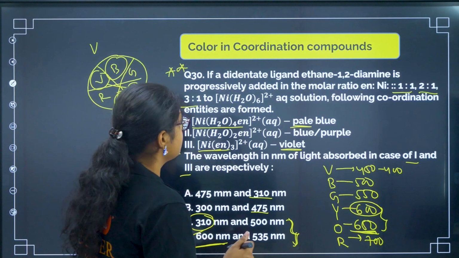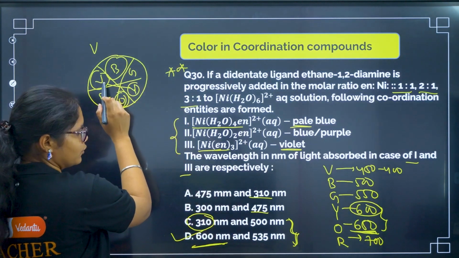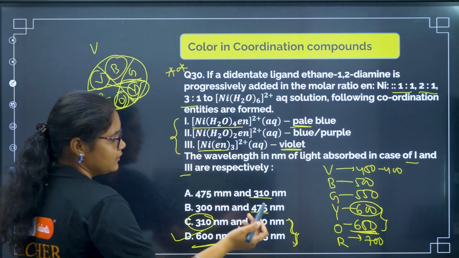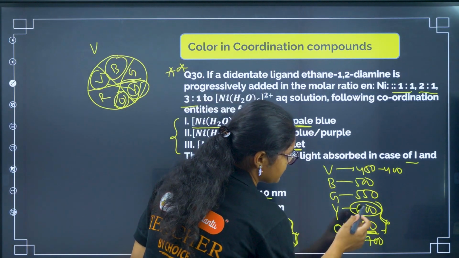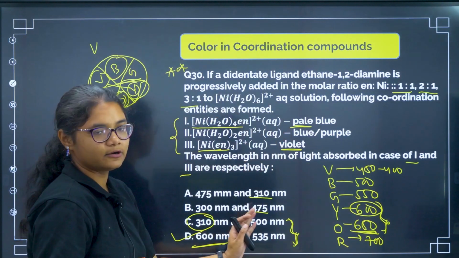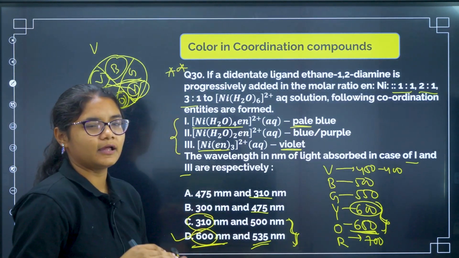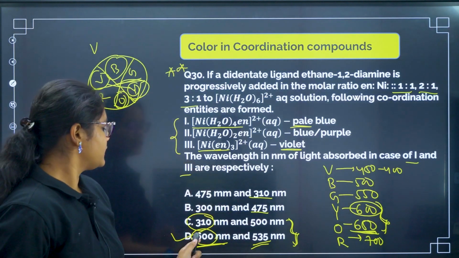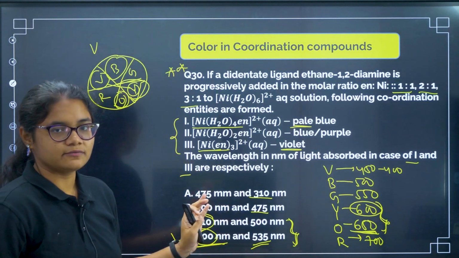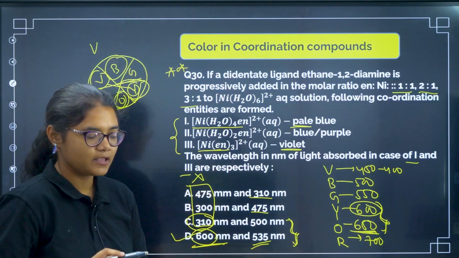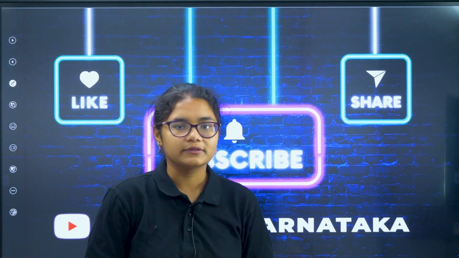Now coming to the second part, it is visible as blue, so it will again be absorbing around the yellow range. It comes somewhere here, near the answer. This part is some approximation value. So the appropriate answer for this question will be option D, because all other options, the A part you can eliminate. Okay, so that's all for this.